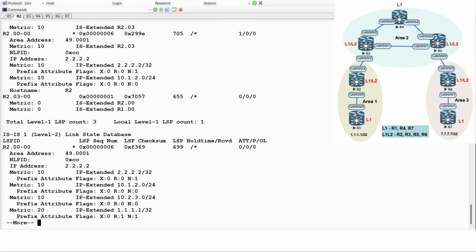Since R2 is an L1 L2 router, it maintains two separate link state databases, one for its L1 level and another for the L2 level.